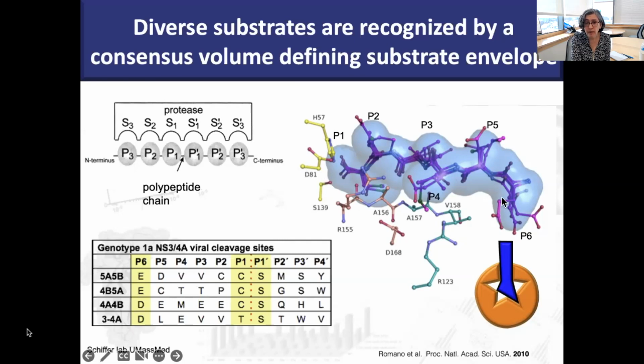And we defined the substrate envelope by superimposing the crystal structures of the products and calculating a consensus volume with the intersecting van der Waals volumes of the different crystal structures. And that's shown here in the blue cloud, similar to the cartoon that I showed you earlier.